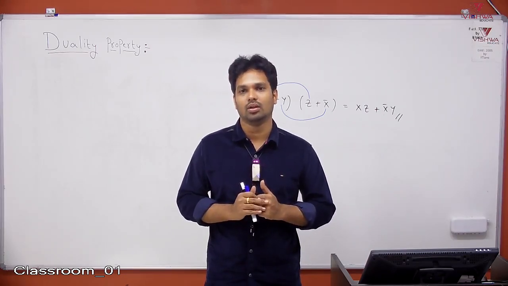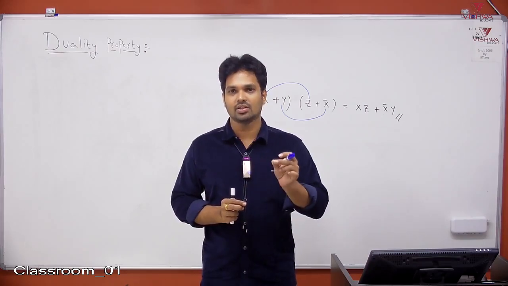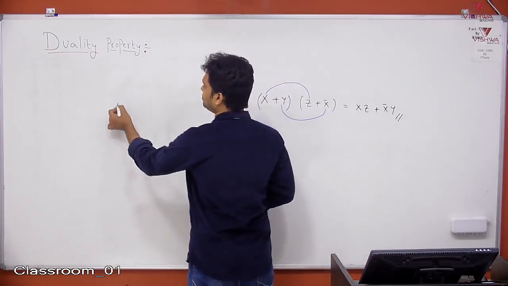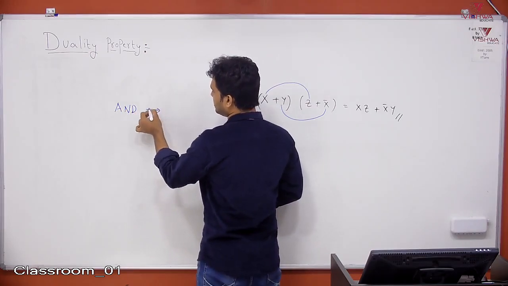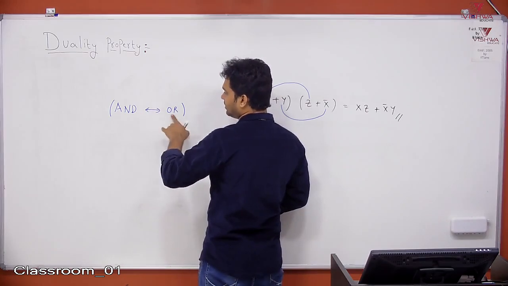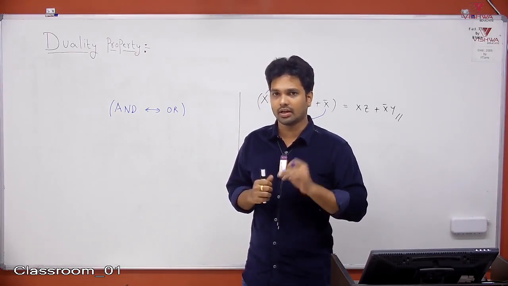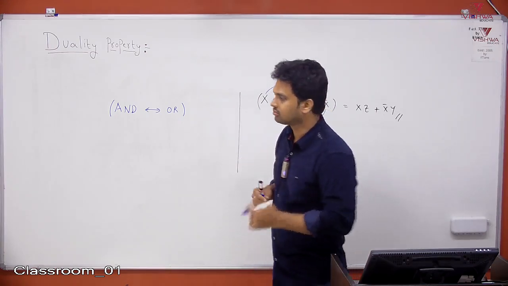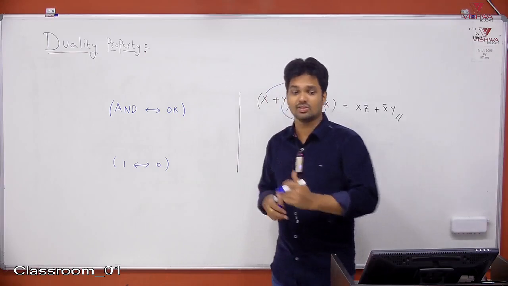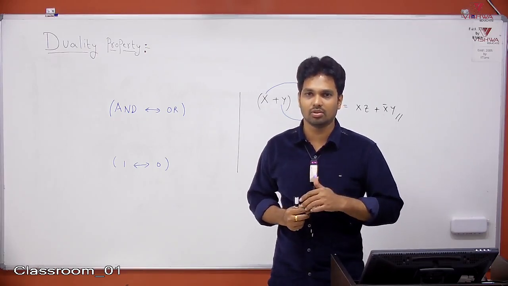even though, write down this, and interchanged with or, in brackets write down like this, and interchanged with or, and 1 interchanged with 0, in brackets write down like this, 1 exchanged with 0, keeping the variables as it is.